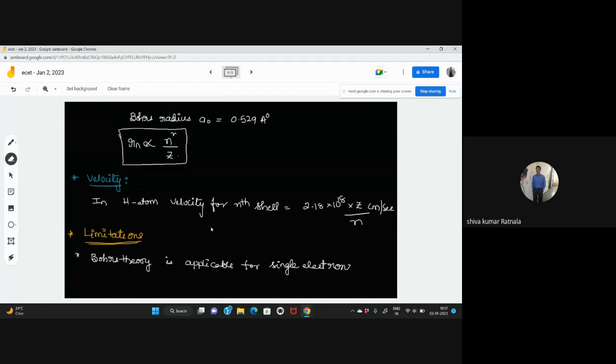Instead of saying single electron, we can say hydrogen and hydrogen like atoms, meaning having only one electron, that is, helium plus, lithium plus 2, beryllium plus 3, etc.